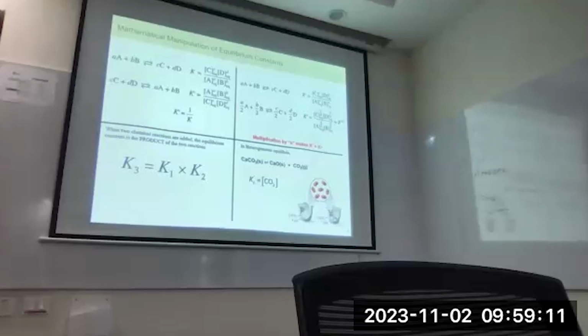I can choose one chemical equation where A, B, C, D are so different that the power of the concentration doesn't cancel out. So they will end up with a dimension. But K is a constant, right? So how do we explain to the student that K is actually dimensionless?